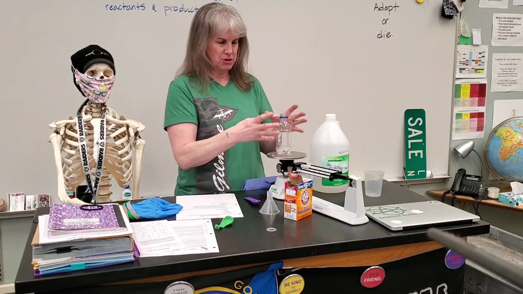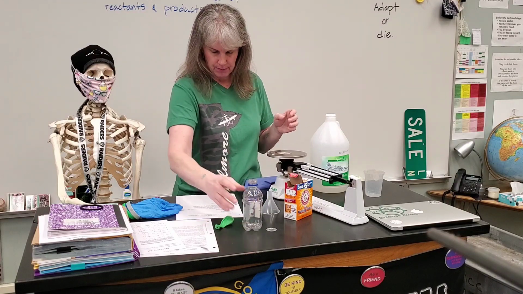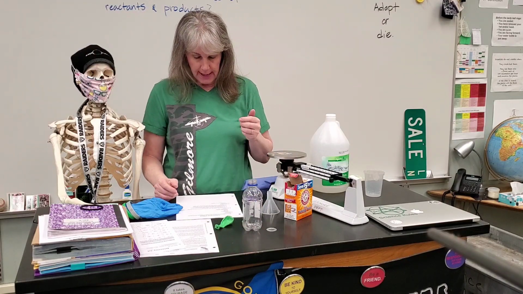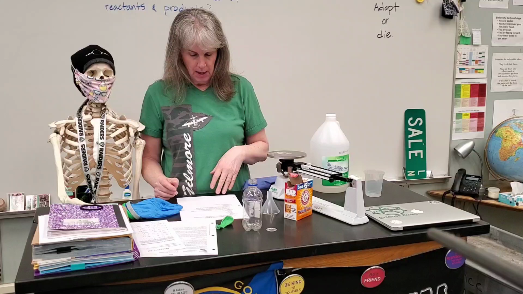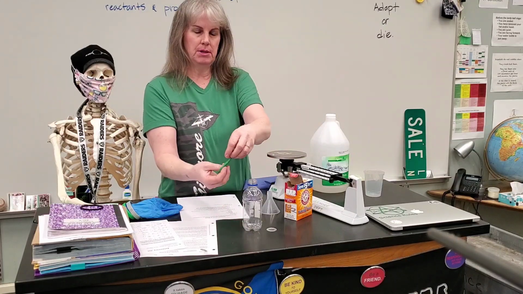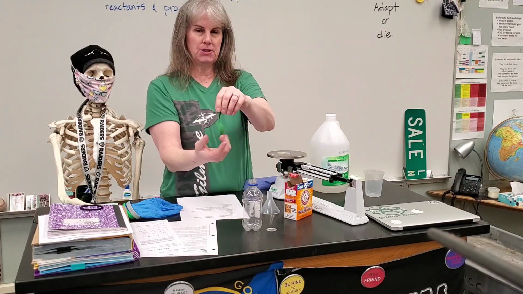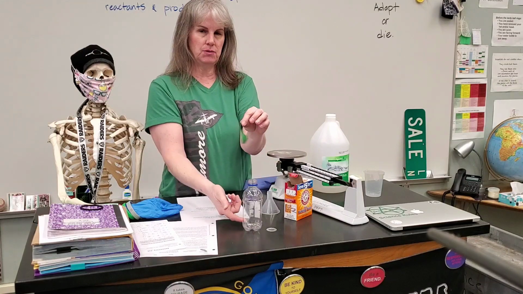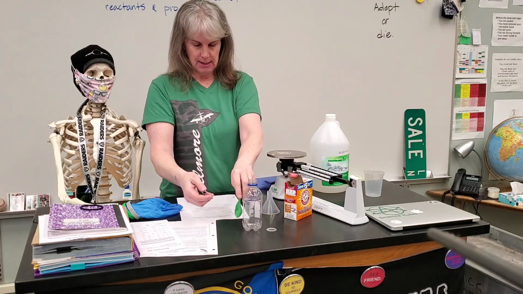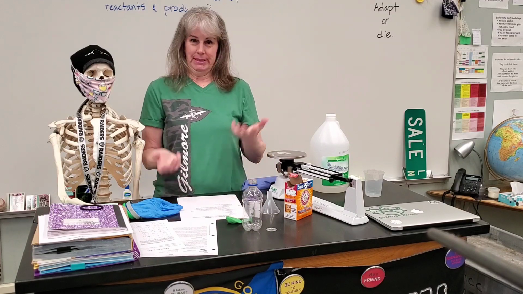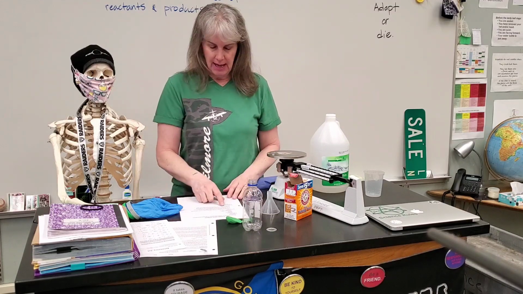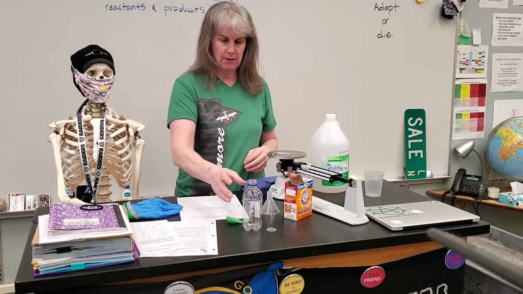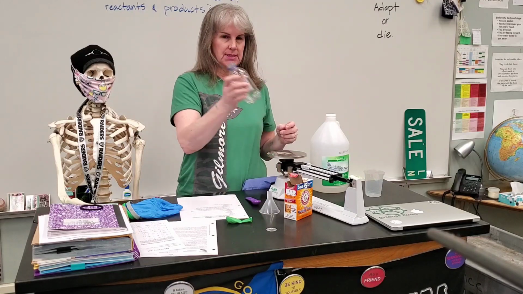We're going to measure the mass of the whole thing and record that. Then we're going to lift the balloon up so that the baking soda goes into the vinegar, and just watch to see what happens, if anything. After 1 minute, we're going to find and record the mass again.